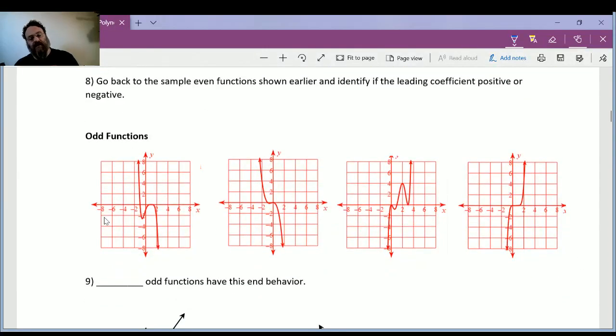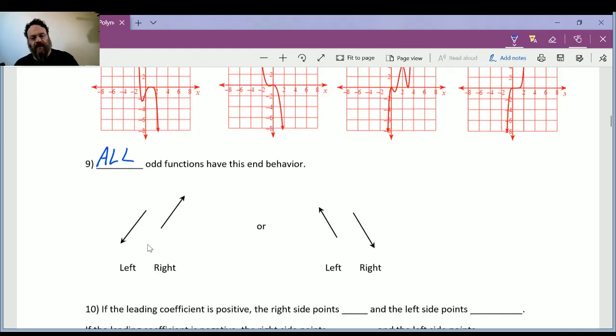Odd functions. That's what your odd functions look like. All odd functions have this end behavior. So you're either looking at left down, right up, so kind of going like that, and that is your positive.